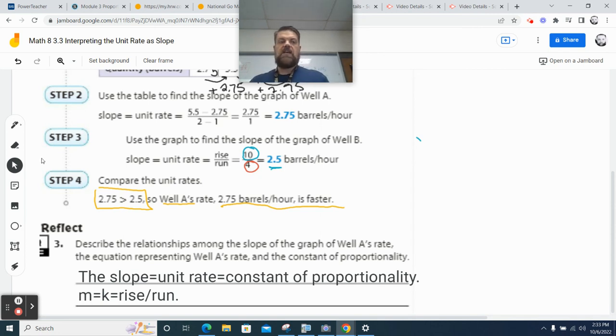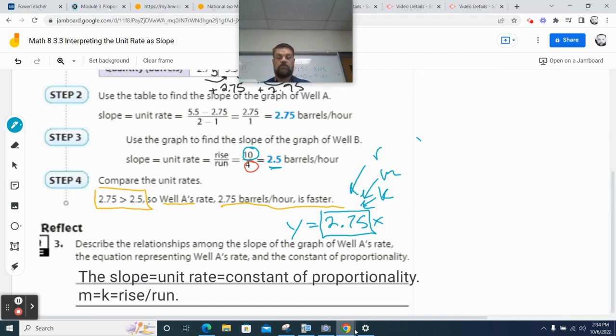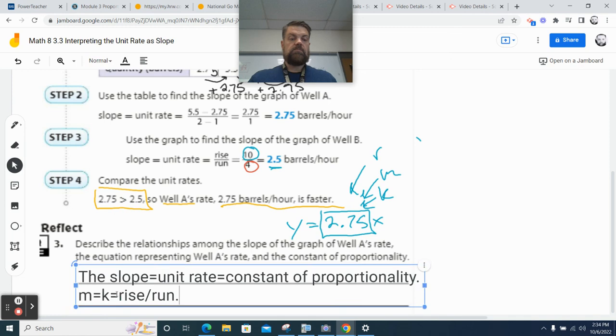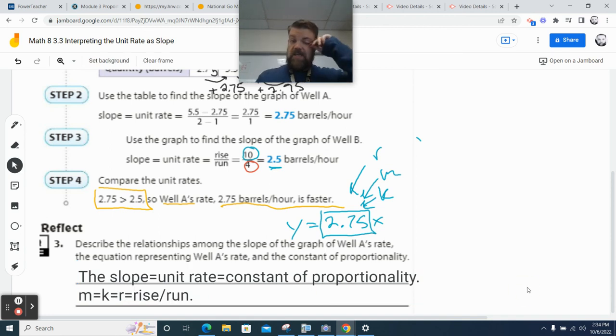And so when I say y equals 2.75x, I know that this is k, which is also m, which is also r for the unit rate. I should probably type that in there. Okay, they all mean the same thing. Any questions on that one?